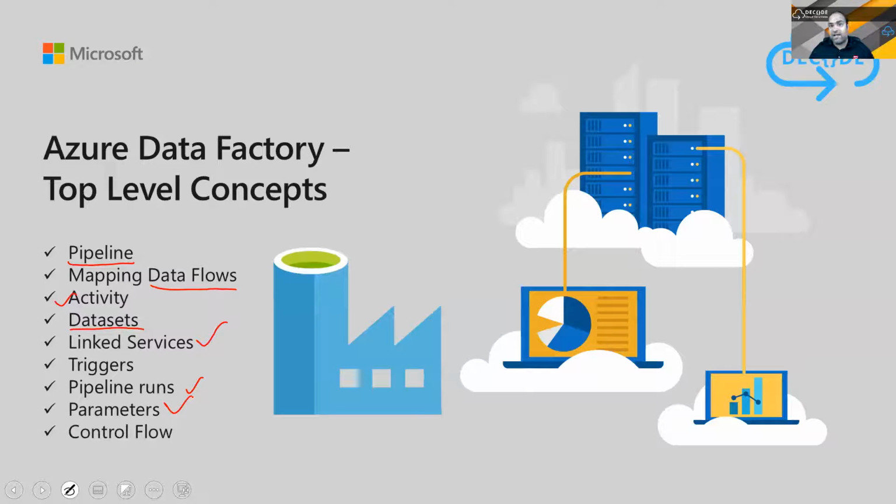Apart from that, we have Azure Synapse Analytics, data lakes, Azure Stream Analytics, Event Grid, and Service Bus. Lots of components can be tightly integrated to work with your data factory. We'll see some of those, Databricks for example.